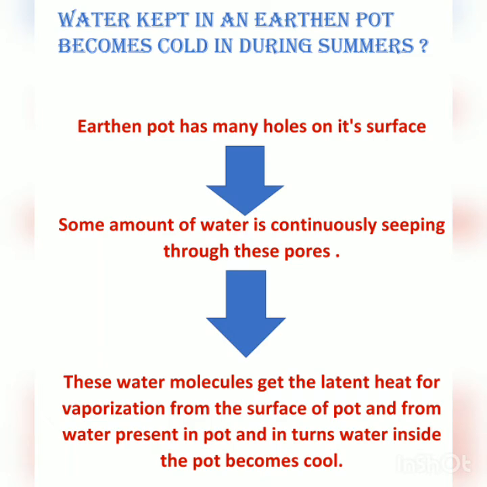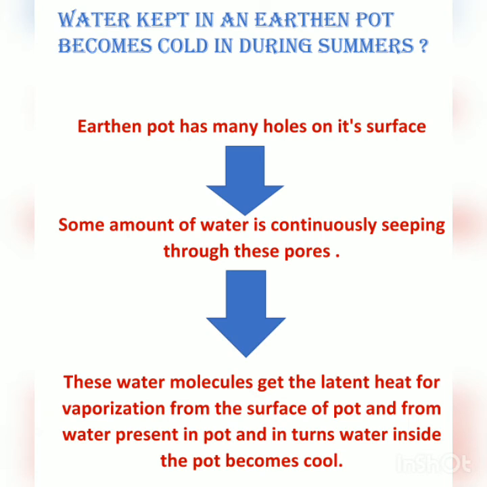The next very common example we have: we keep water in an earthen pot on summer days so that it gets cool. How? We know very well that an earthen pot has many small holes on its surface, and through these holes the water molecules are continuously moving out.